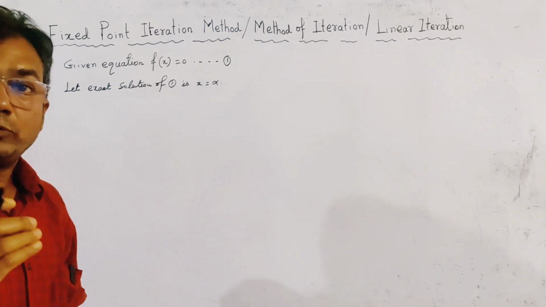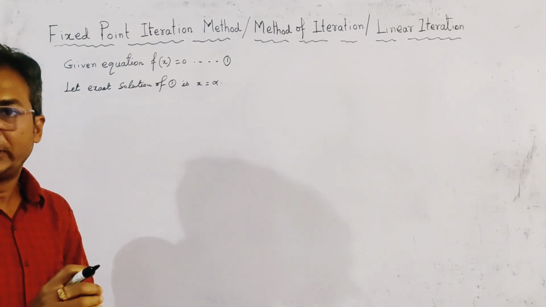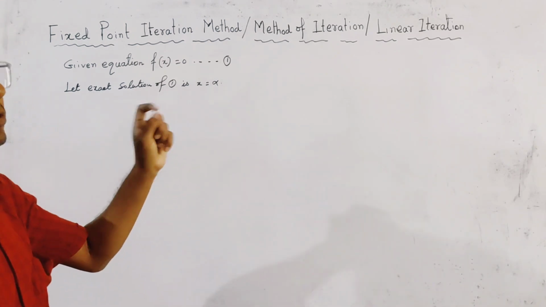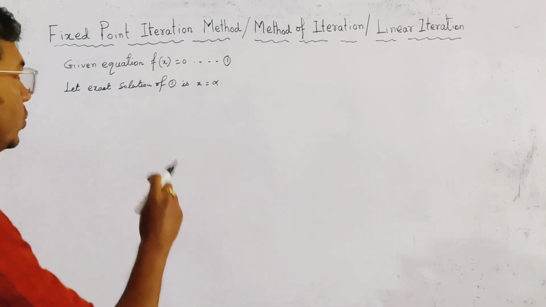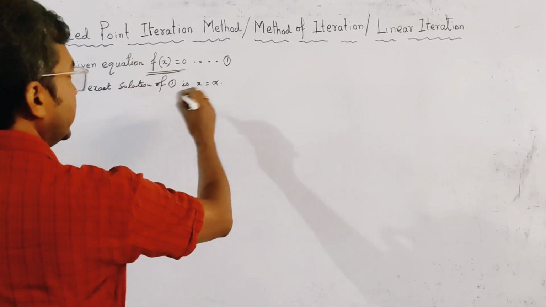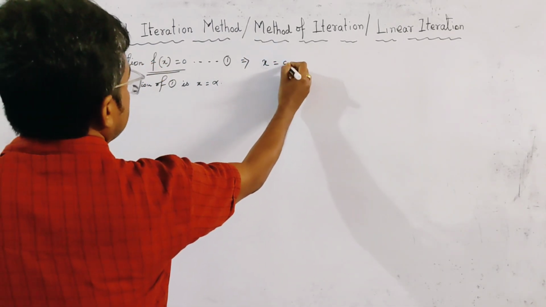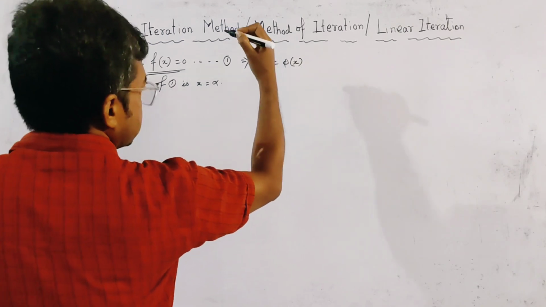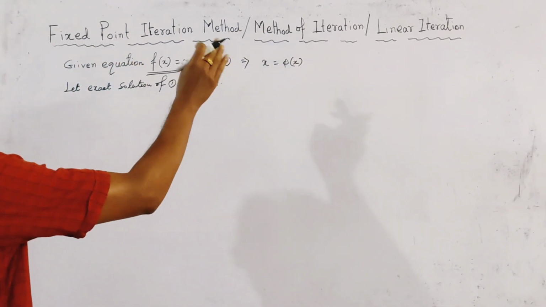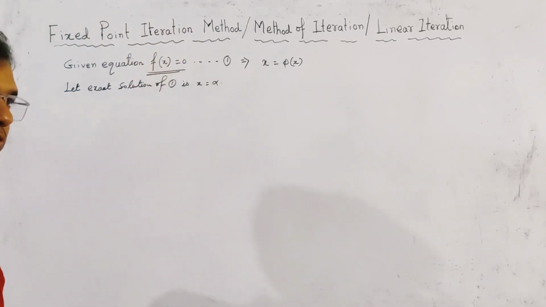We have to find the approximate value of alpha numerically by this method. We first rewrite this equation in the form x = phi(x), for using the method of iteration, or fixed point iteration method.